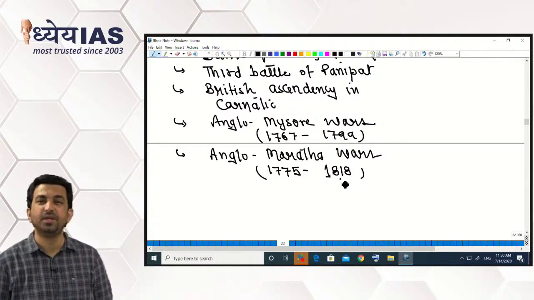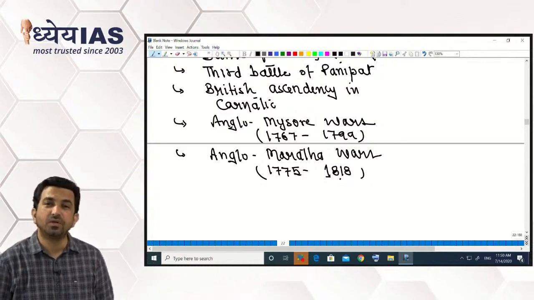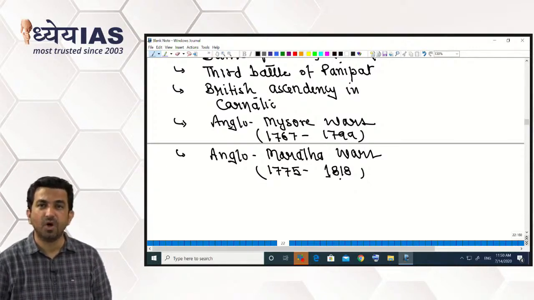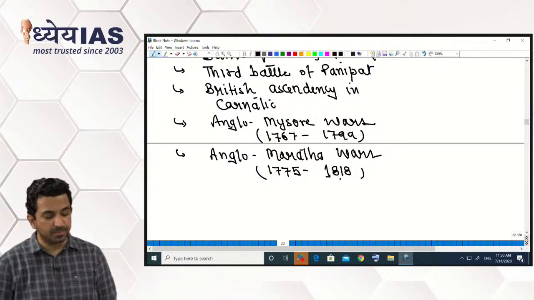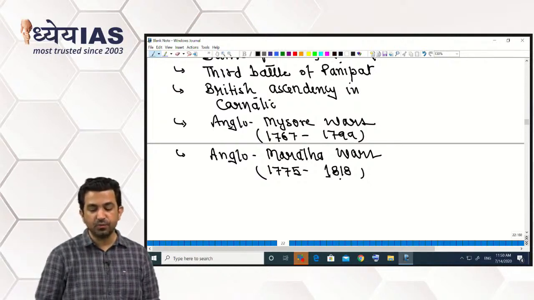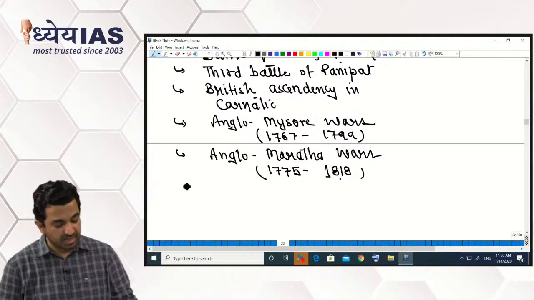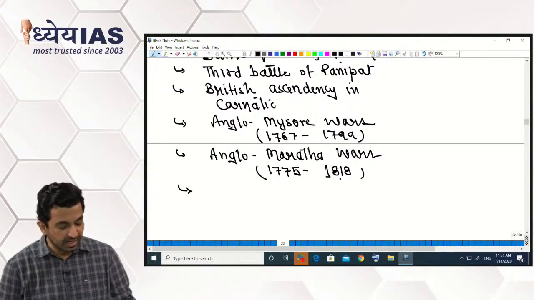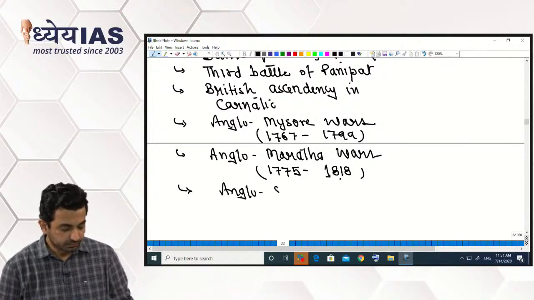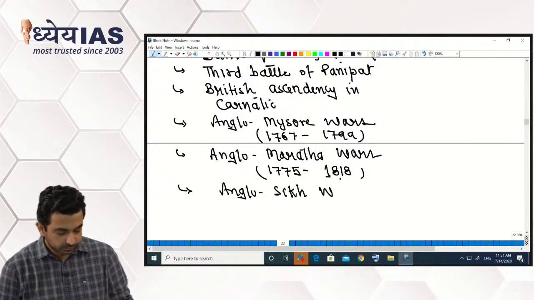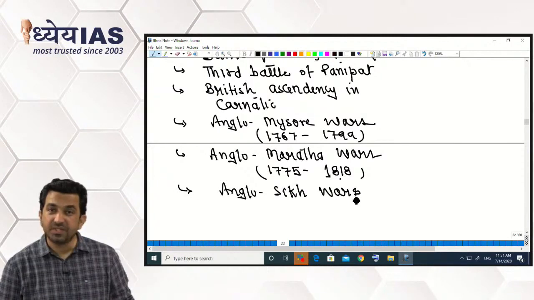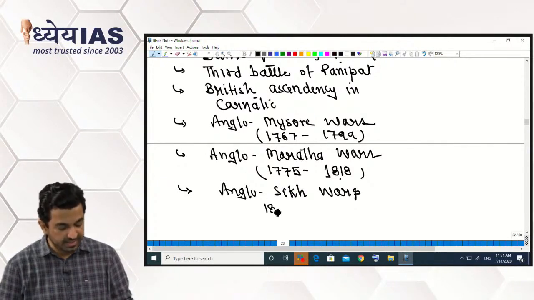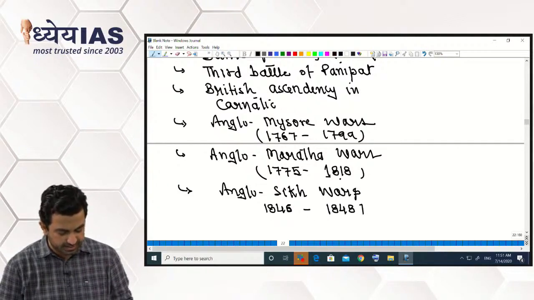Subsidiary alliance, and possibly you people are also aware of the doctrine of lapse policy of Lord Dalhousie, the Viceroy or the Governor General of British India. So Anglo-Mysore Wars, Anglo-Maratha Wars, and Anglo-Sikh Wars from 1845, 1846 till 1848.